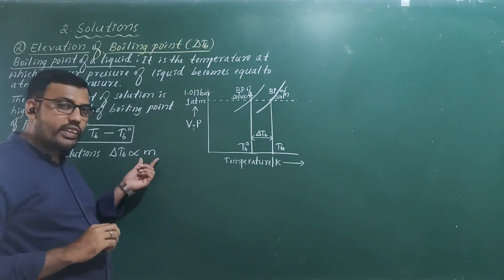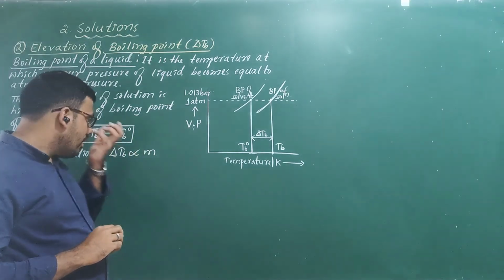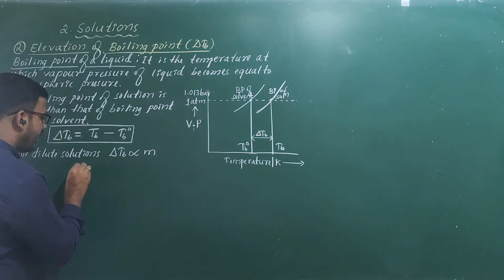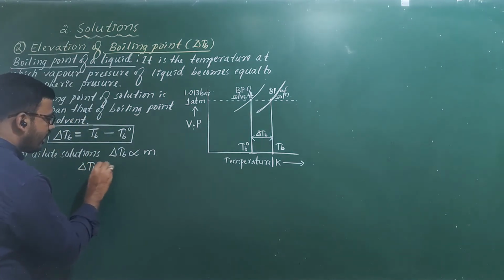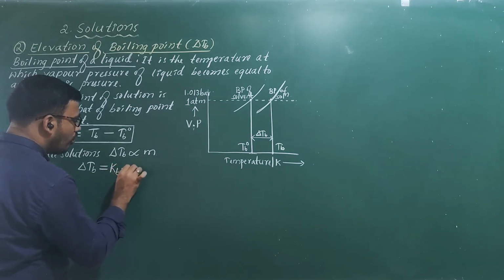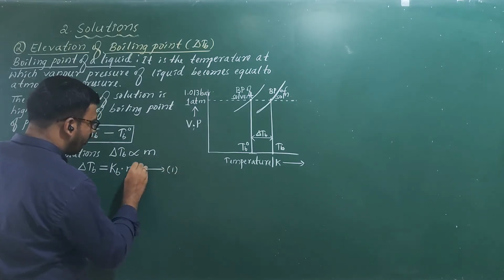What is this small m? It is molality. Now, in order to remove this proportionality constant, delta TB is equal to some kb into small m. Say this is equation 1.